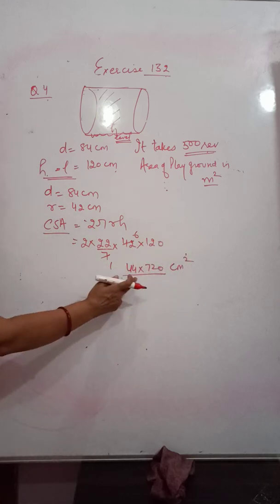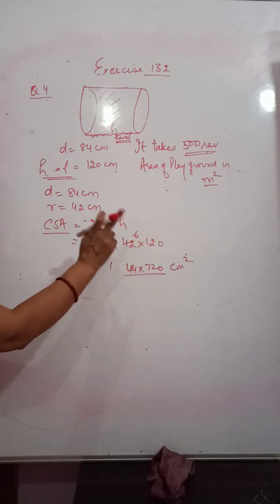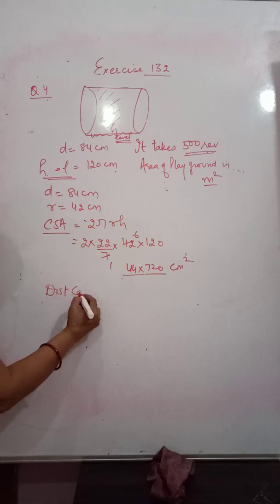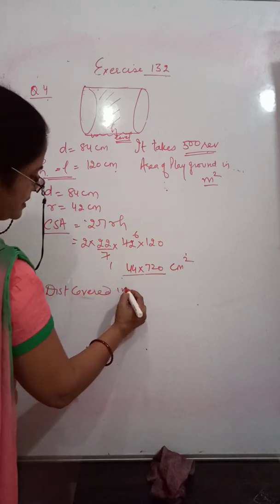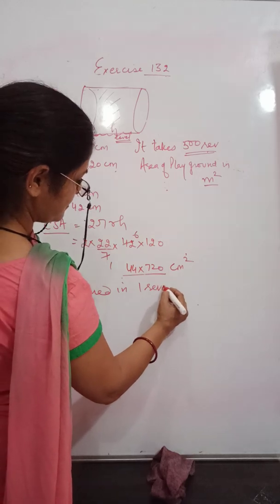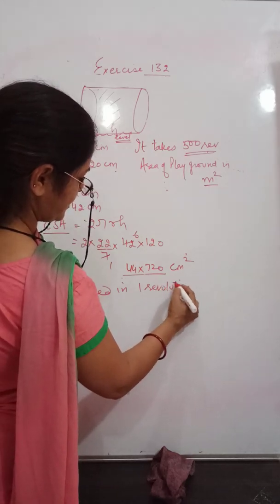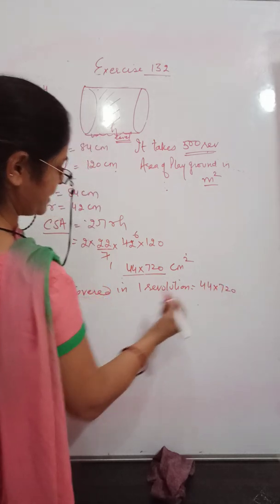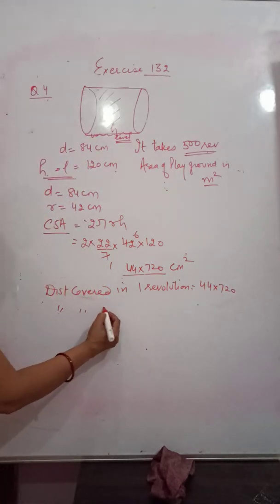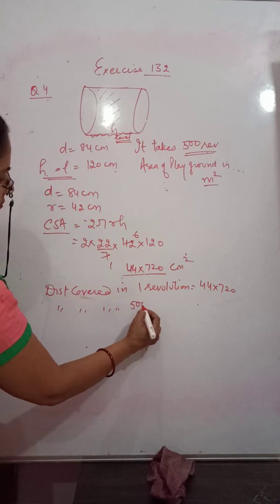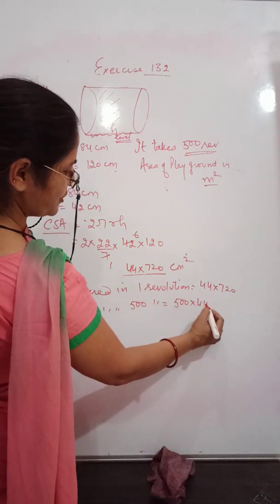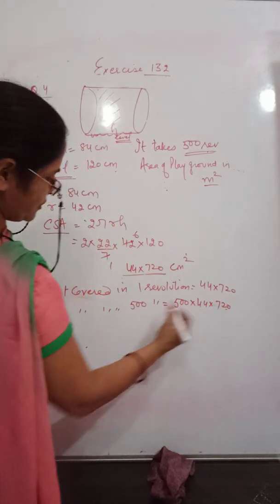square. Now this is the distance covered in one revolution. So what will be the distance covered in 500 revolutions? 500 into 44 into 720.